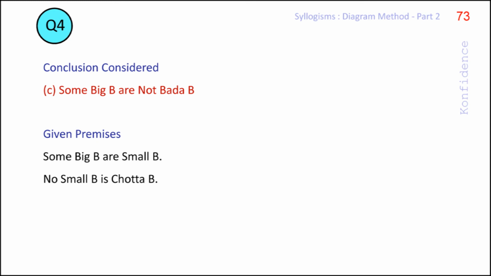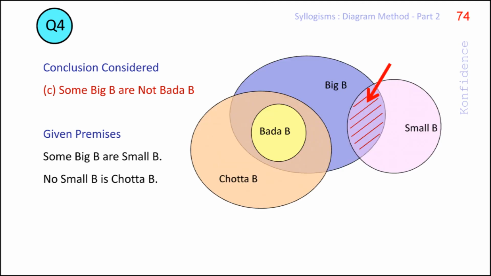Further, small b and chota b will not touch each other because no small b is chota b. So in whatever way you rearrange the diagrams, chota b cannot overlap with that part of big B which is in overlap with small b. That area is represented by the slanted lines and indicated by the arrow in the diagram.